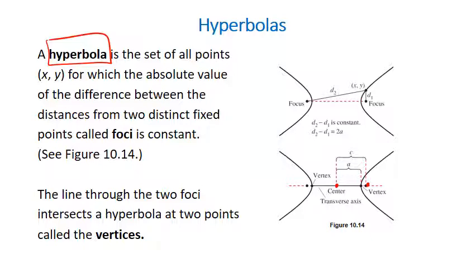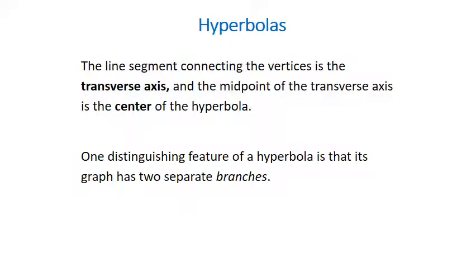So this is called the transverse axis. You can have a horizontal or a vertical transverse axis. So the line segment connecting the two vertices, as previously mentioned, is the transverse axis, and the midpoint of that is the center.